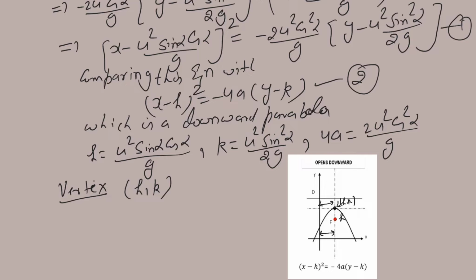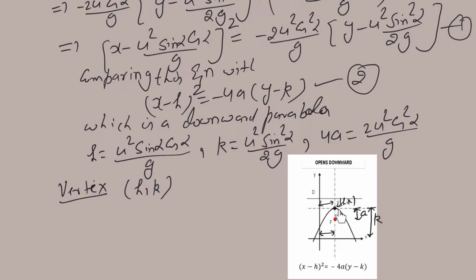And you know that in case of focus, this distance in this particular parabola number 2 is a, so this distance is a, fine. So this total distance is k, it is clear from here.